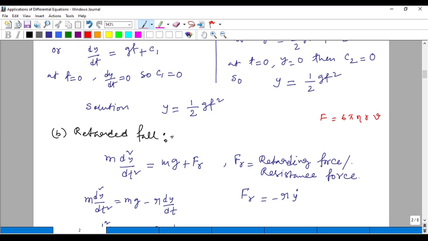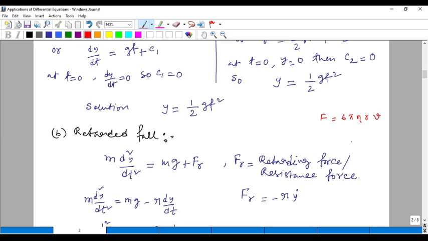Here v is the velocity of the object, r is the radius of the spherical object, eta is the coefficient of viscosity, and 6 pi is a constant. So you see that the force is proportional to the velocity of the particle. This is valid only for a small spherical object and for a low velocity.